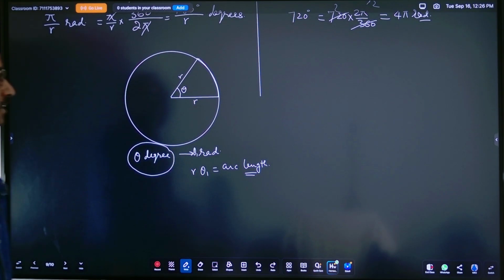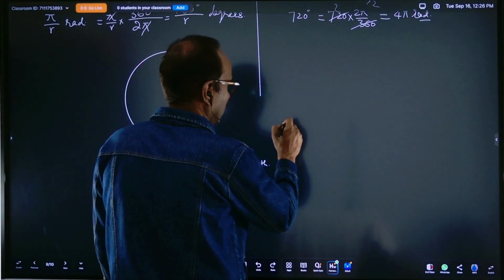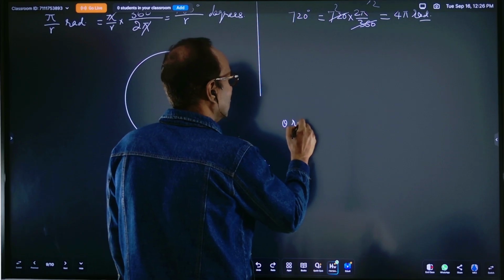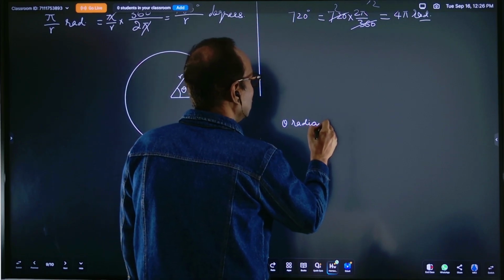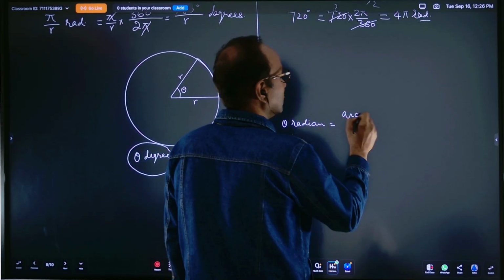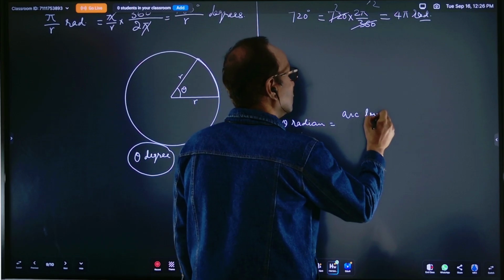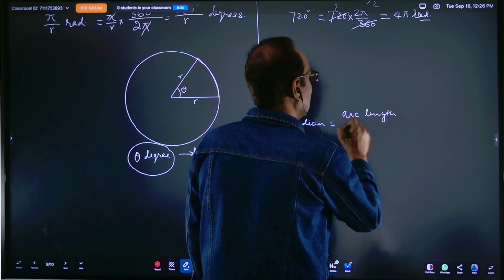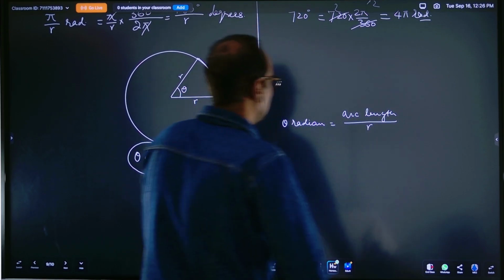How has it been achieved? By definition, simple. Theta radian is equal to the arc length under this theta radian divided by r.